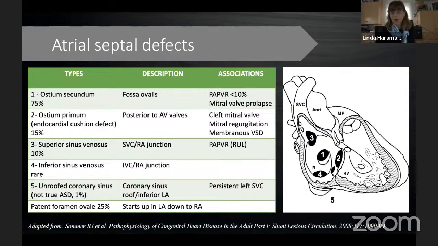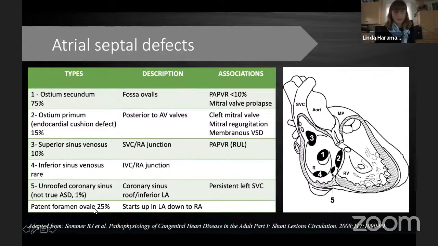And in an unroofed coronary sinus, the roof of the coronary sinus can be absent or incomplete, and therefore there's a communication between the coronary sinus and the left atrium as it travels in the left AV groove. So also similar to an ASD pathophysiologically, that's frequently associated with a persistent left superior vena cava.